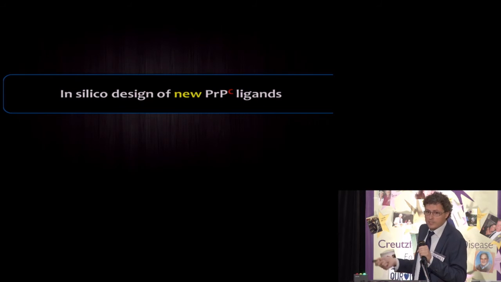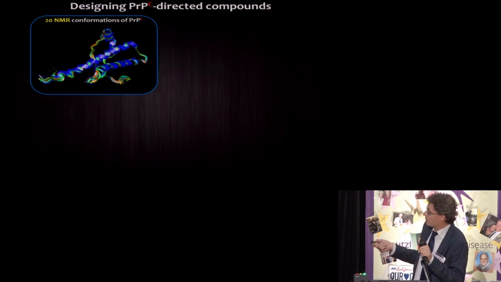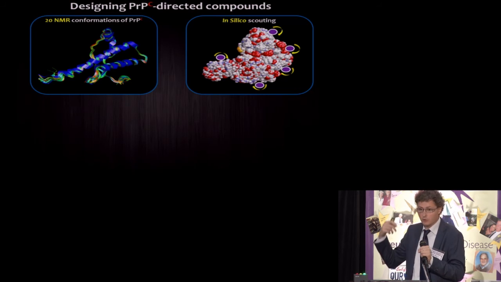So then, of course, we decided to embark on attempts to find our own ligands for PrPC. Taking advantage of the known structures of PrPC, we ran a campaign of in silico drug screening.